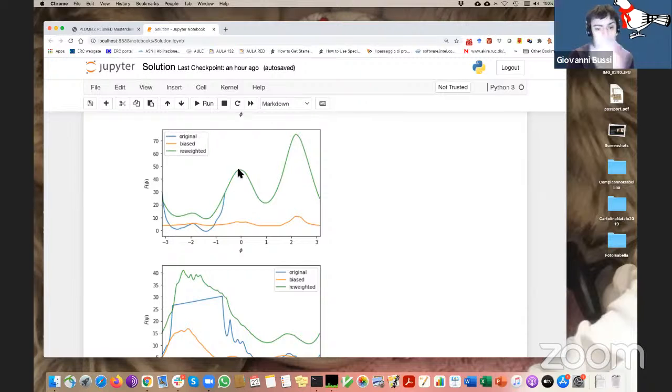Whereas if you do a two-dimensional umbrella sampling, most of the simulations will contain frames that are not really used at the end. And of course, if you go to three-dimensional, it becomes worse. Comments, questions?